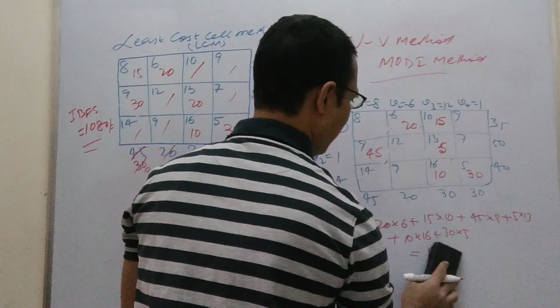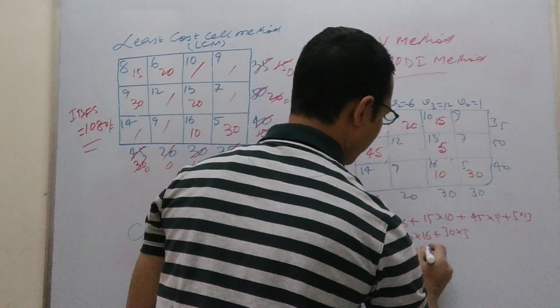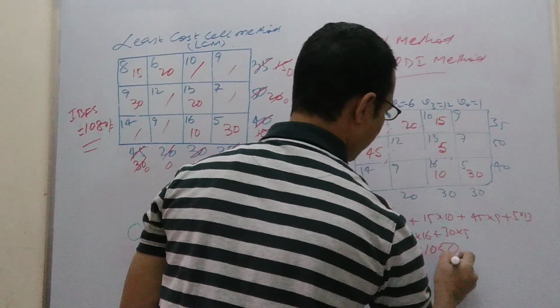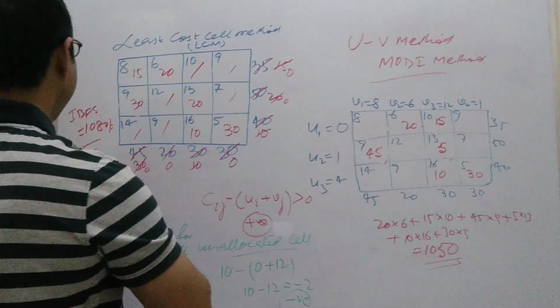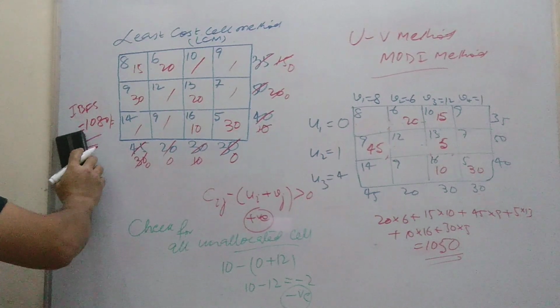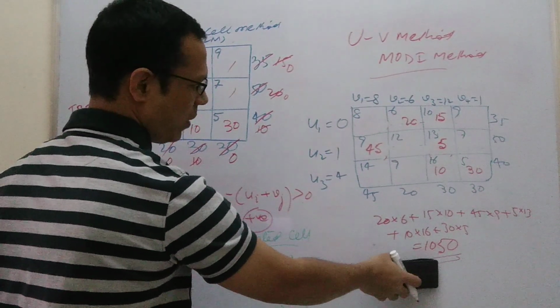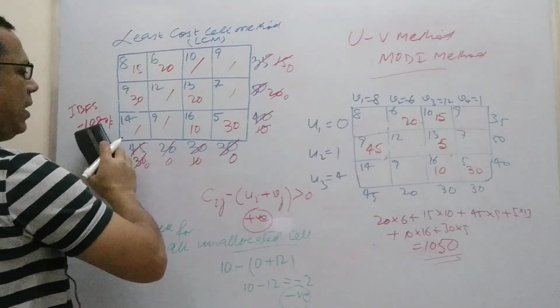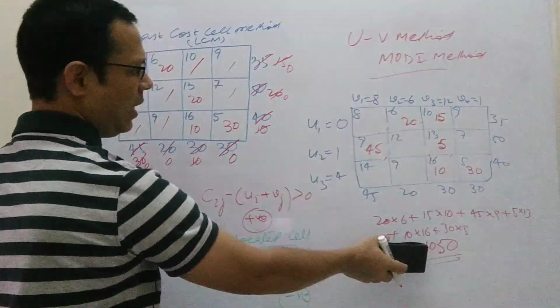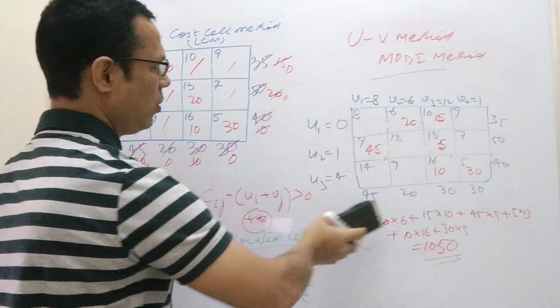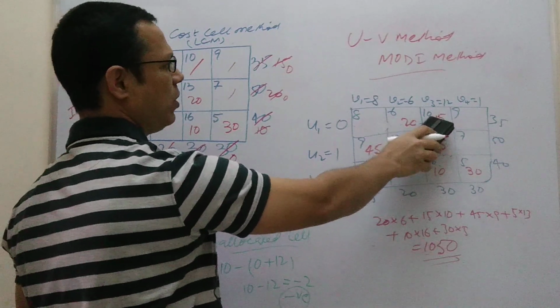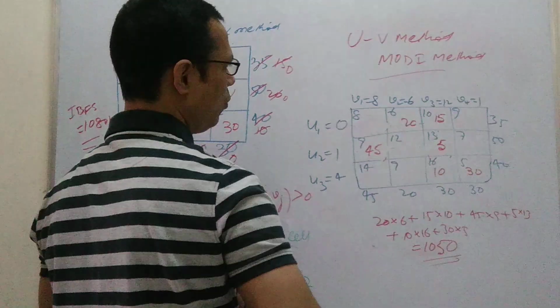Just solve this, and you will get a total of 1050. Initially it was 1080, so 1080 has got reduced to 1050. It means a difference of 30 rupees in the transportation cost. So if you allocate this particular position, then this cost is going to get reduced.